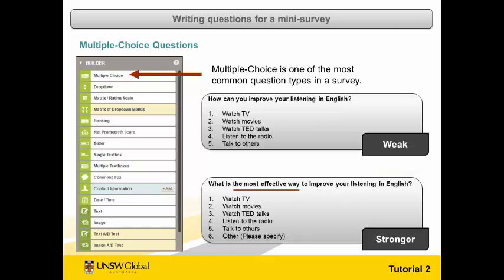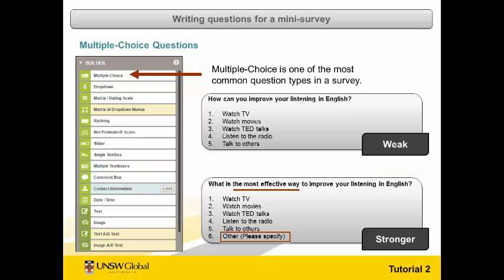This is a more specific question which allows the respondent to clearly make a choice. Another reason why this question is stronger is the option in answer response 6. It allows the respondent to give an answer that maybe you haven't thought about. So when making a multiple choice question, ensure that it's specific and allow for all answers, even the ones that you haven't considered.